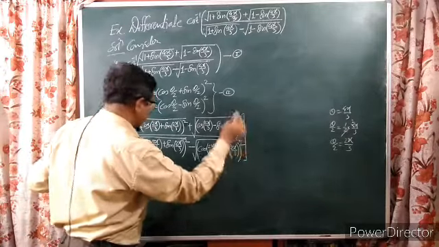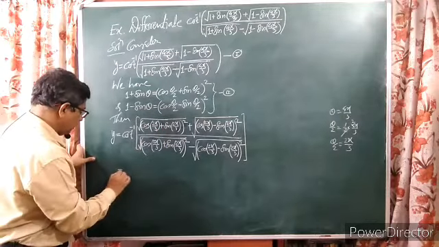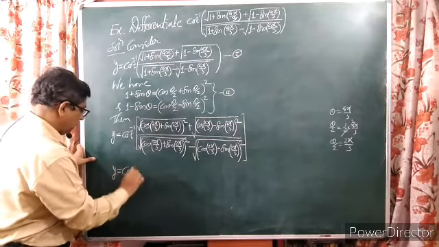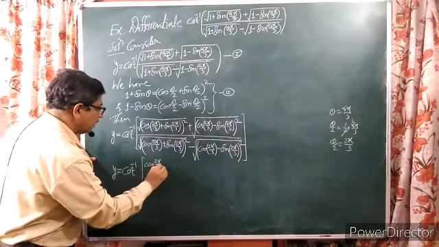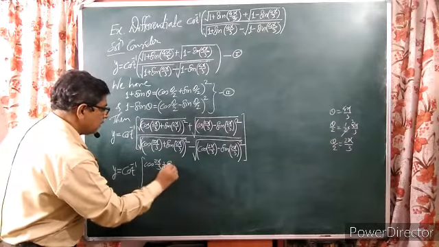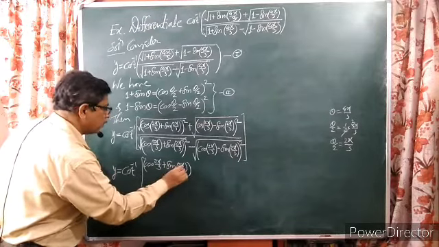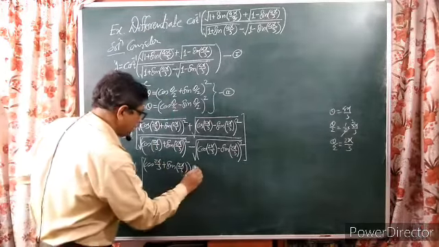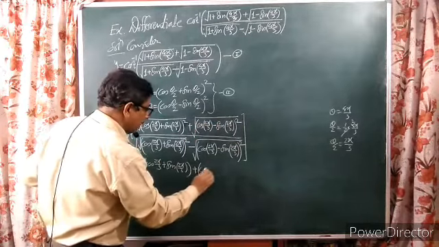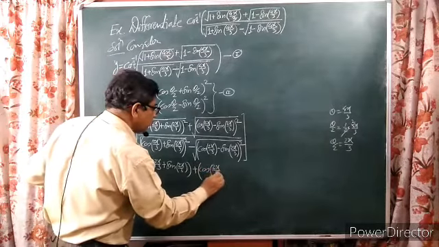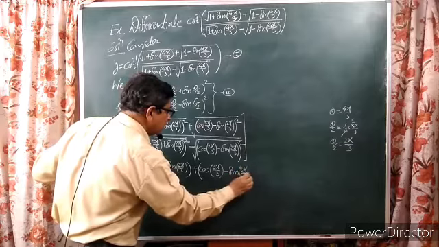bracket square, and here square and square root get cancelled, so we are getting y is equal to cot inverse of cos of 2x by 3 plus sine of 2x by 3, as square and square root are cancelled, plus here square root and square are cancelled, so we have cos of 2x by 3 minus sine of 2x by 3.